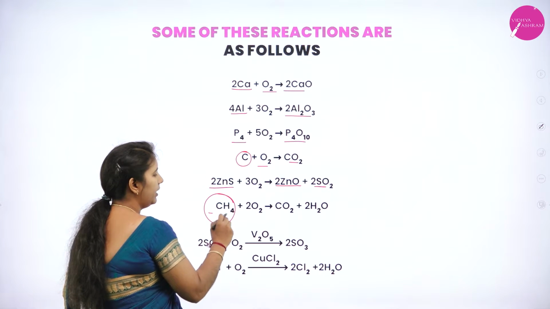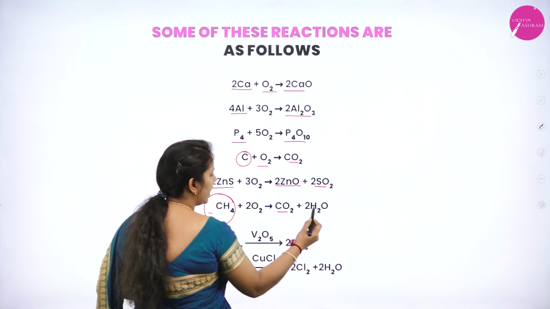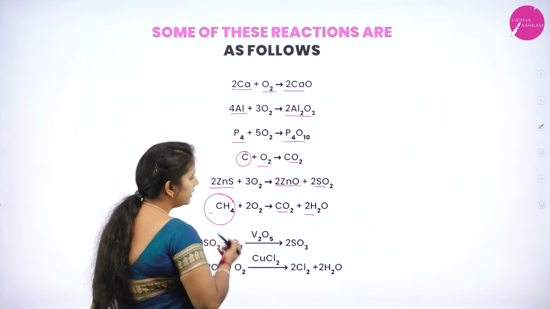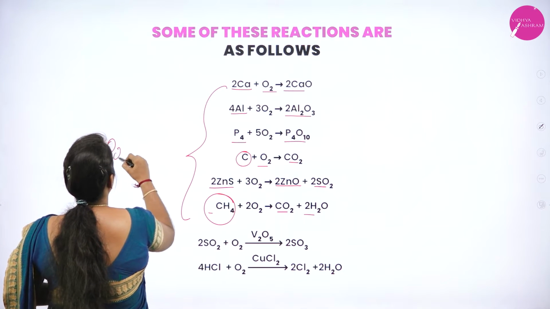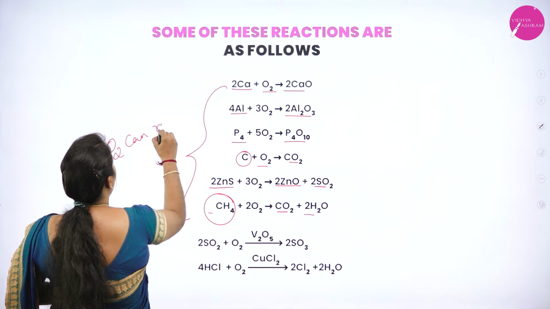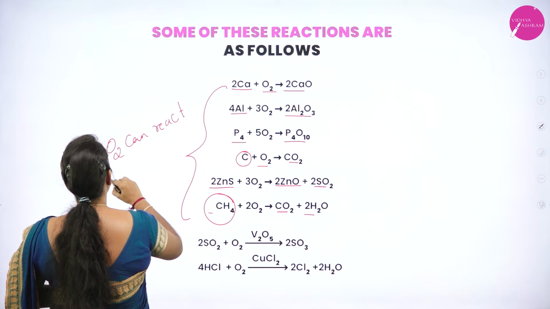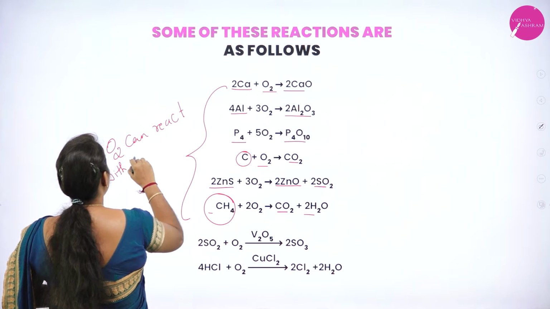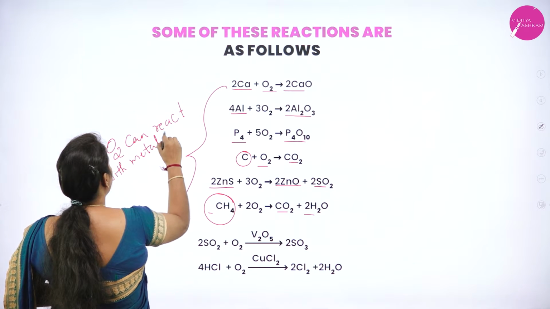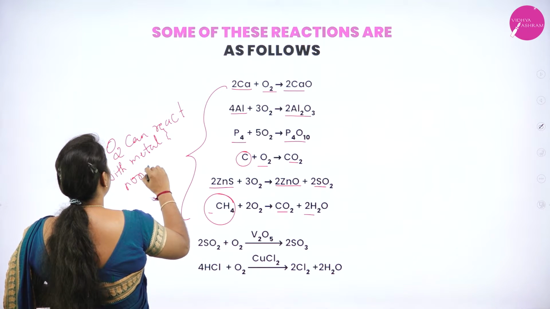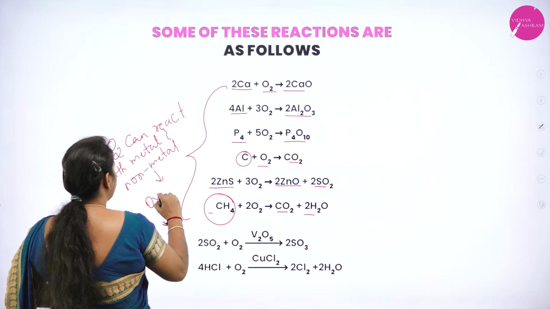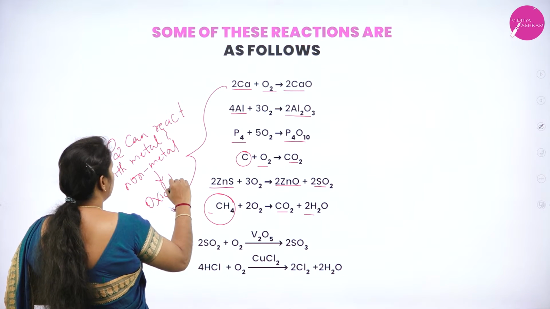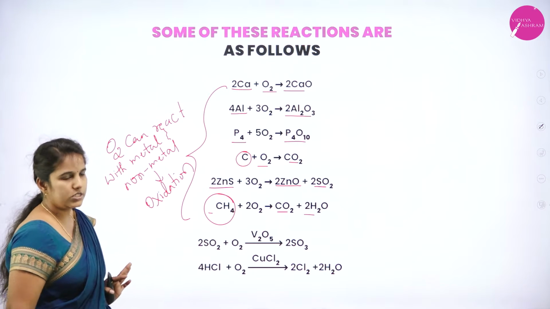Methane reacts with oxygen to form carbon dioxide and water. This indicates that oxygen can react with metals and non-metals, and all these reactions are oxidation reactions.